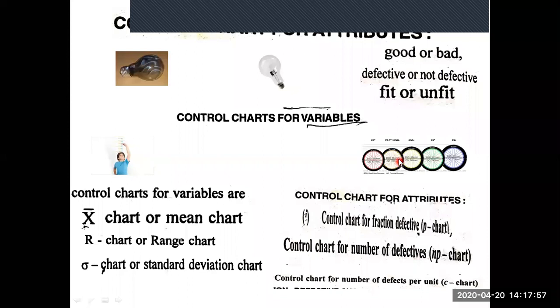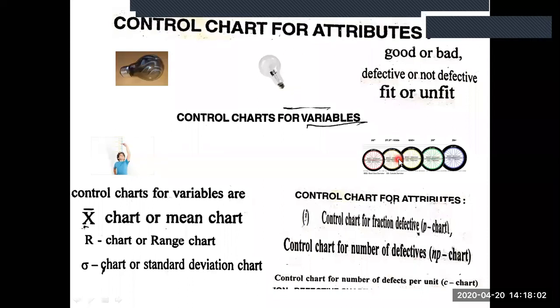The meaning is that anything you can measure, do it in the control chart for variables. Whatever problems we did previously come under the control chart for variables, like the diameter, or the potency of paracetamol, 500 mg or 1 mg.